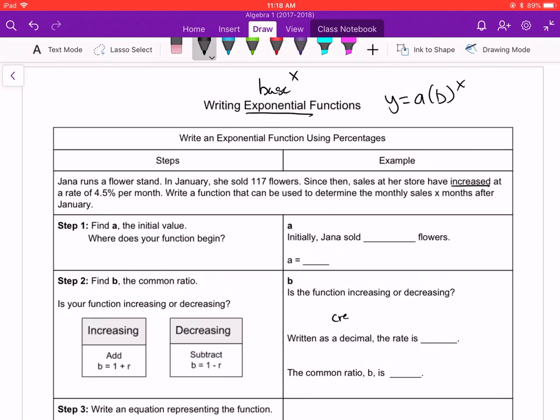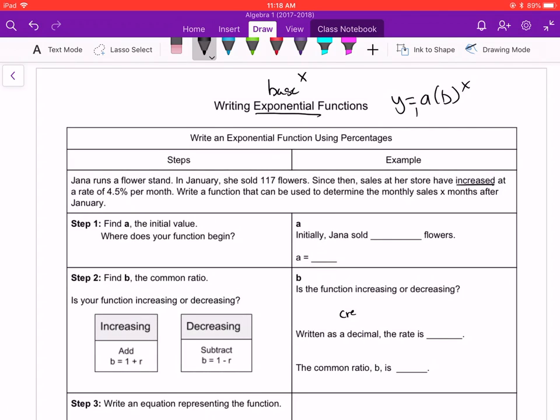A is always your initial value, what you start with. B is usually what you multiply by, your rate. It could be a factor, it could be a percentage. Depends on what it says in the problem, but it's always what you're multiplying by. You just need those two pieces of information, and you can write your equation. All right, let's get started.